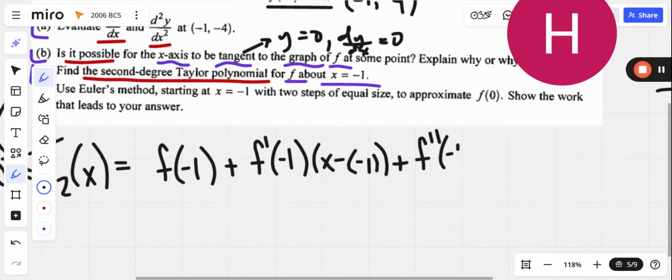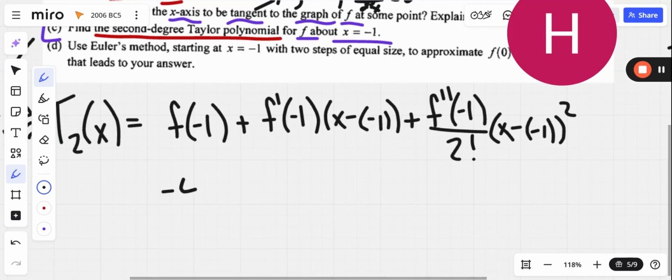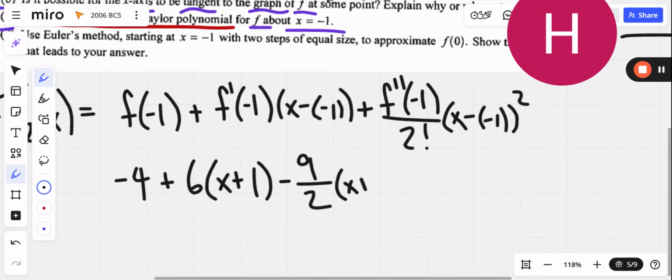Then we have f double prime, or in other words, d squared y dx squared at x equals -1, over 2 factorial times x minus -1 squared. So if we write that out, we're going to get -4. We already have these values, plus 6 times x plus 1 minus 9 over 2 factorial times x plus 1 squared.